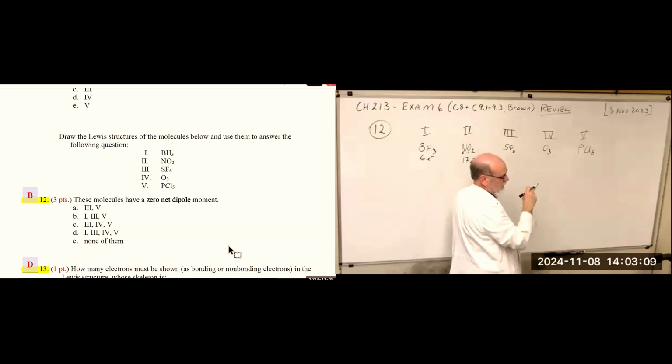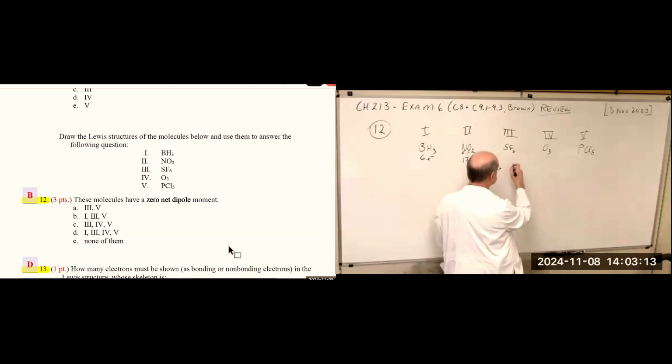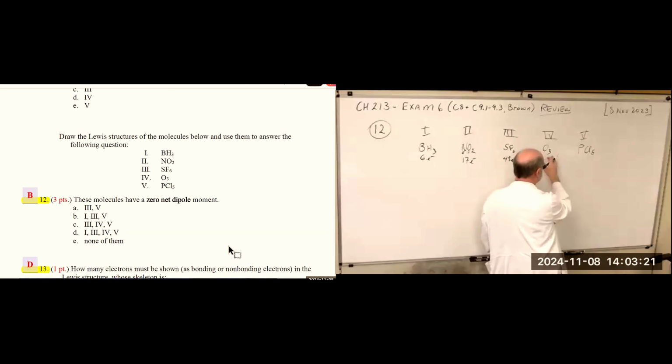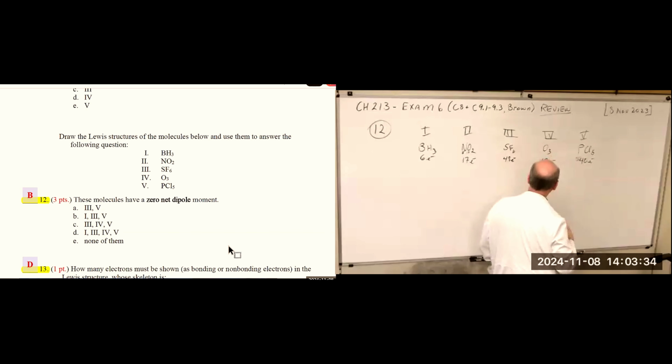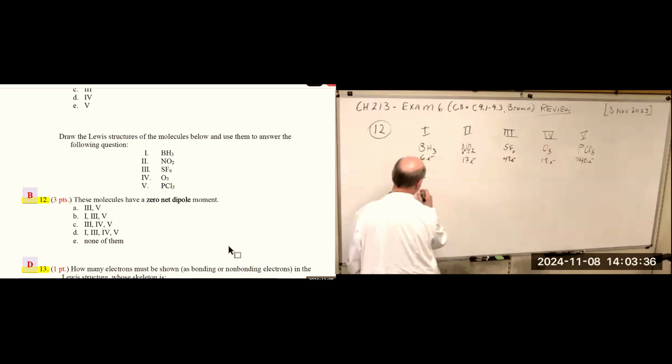Fluorine is a halogen, so it has 6 times 7 is 42, plus sulfur, which has 6. 42 and 6 is 48. Okay. 3 times 6 is 18. Phosphorus has 5, I believe. 5 times 7 is 35, so that's 40 valence electrons. Okay. Now we can put them together.